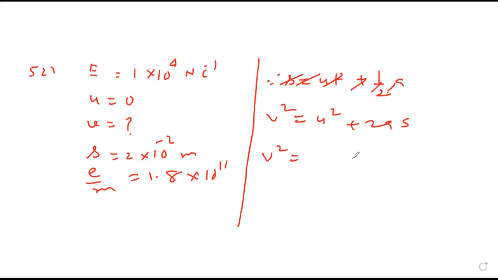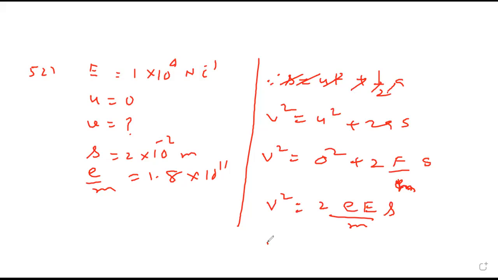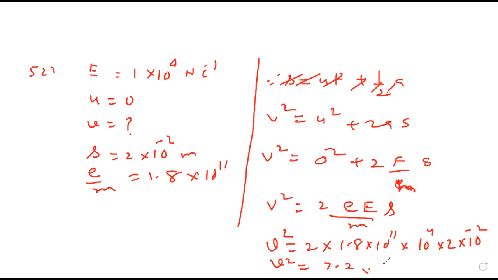v square is 0 square plus 2 into a, where a is force upon mass, into distance s. Force upon mass, so 2 times e upon m into s. e by m is 1.8 into 10 raised to 11, times 10 raised to 4, times 2 into 10 raised to minus 2. So v square equals 2 into 2 is 4, 4 into 1.8 is 7.2, into 10 raised to 11 plus 4 is 15, minus 2 is 13.